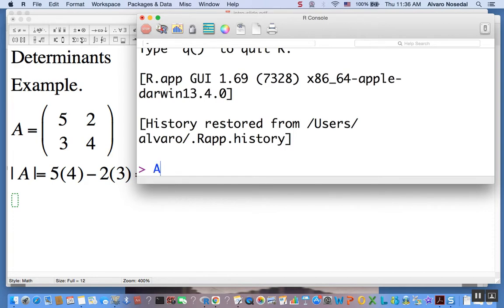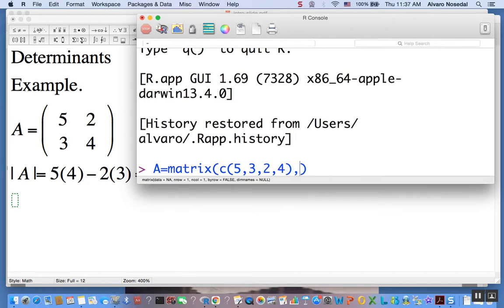First, we need to define our matrix A, using these special commands, matrix and c, that stands for concatenate. The two column vectors that we want are 5, 3 and 2, 4.